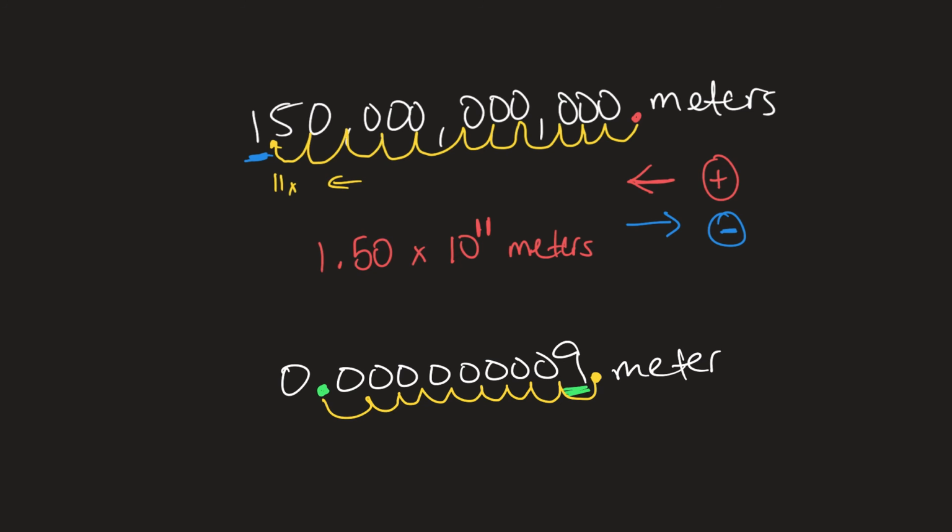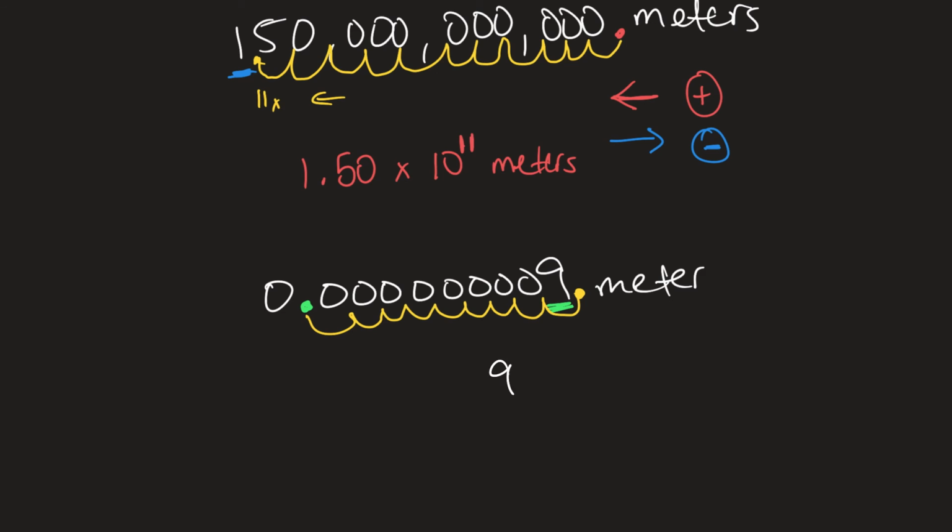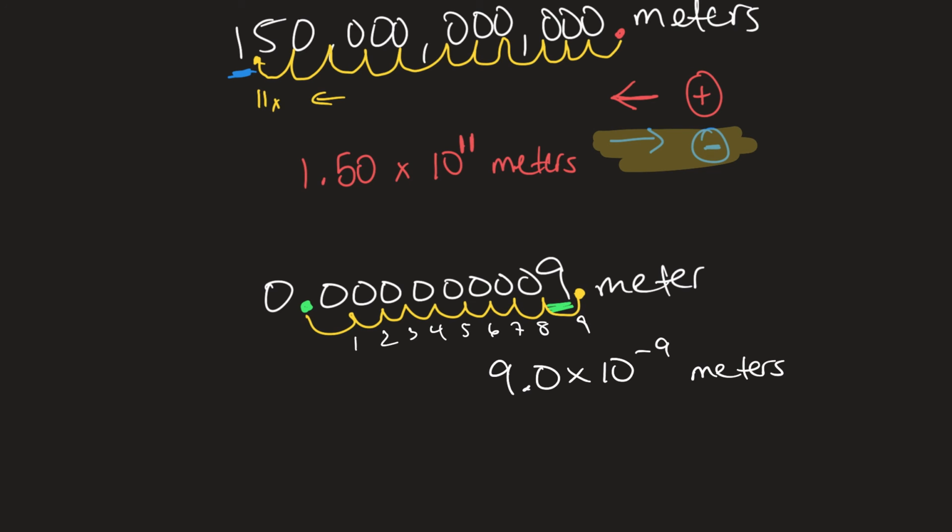And so when I rewrite this, it is 9.0 times 10. How many times did we move it? We moved it 9 times. Since we moved it towards the right, like I mentioned earlier, we're going to give the exponent a negative number. All right, and so in this case it is negative 9 meters. All right, and so that's basically how you convert a number from standard notation to scientific notation.